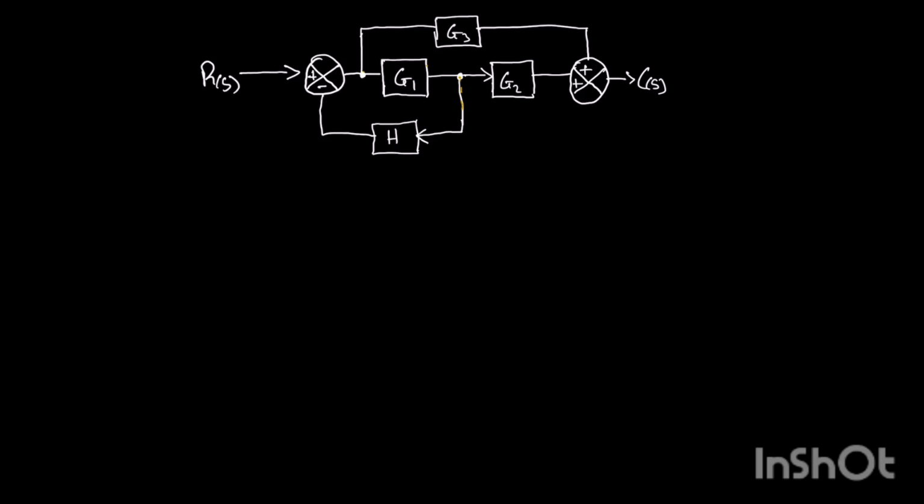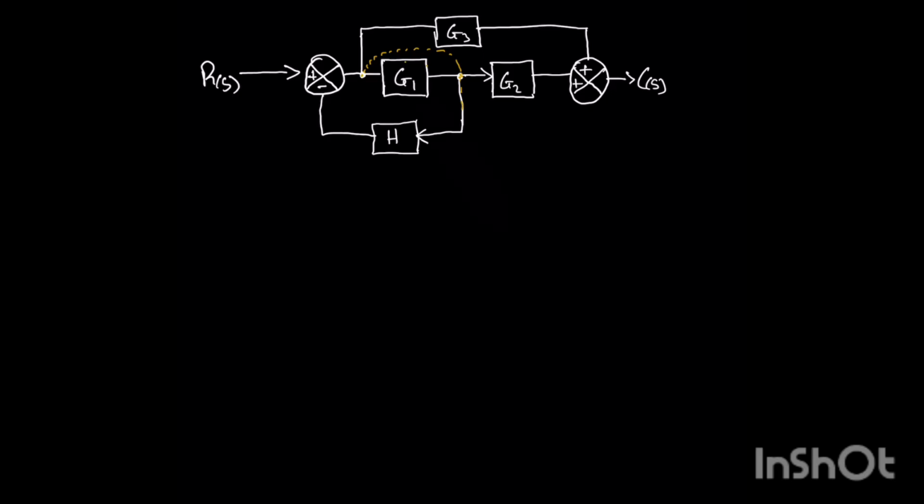So what we are going to do is move this branch point in order to make our work easier. We are going to push it over to this place. You can remember in the rule, they said whenever you move a branch point ahead of the block, there is an effect that you are going to add the inverse of the actual gain.